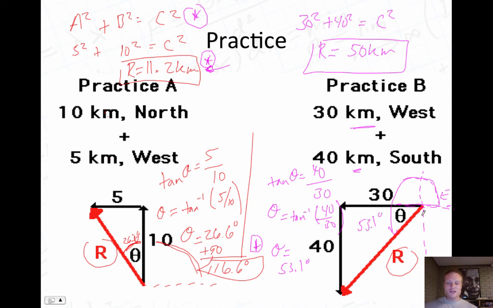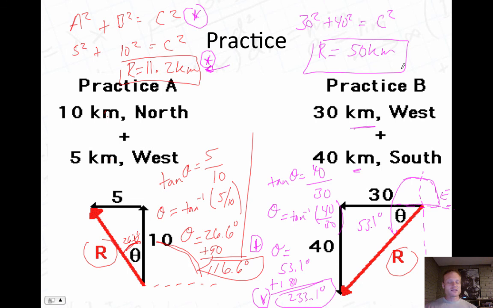The question is, how many degrees is it from east to this west line? Well, it's 180, right? So I can add 180 to this, and I get 233.1 degrees. That is the directional piece. 233.1 degrees is the direction, and 50 kilometers is the magnitude of the resultant vector.